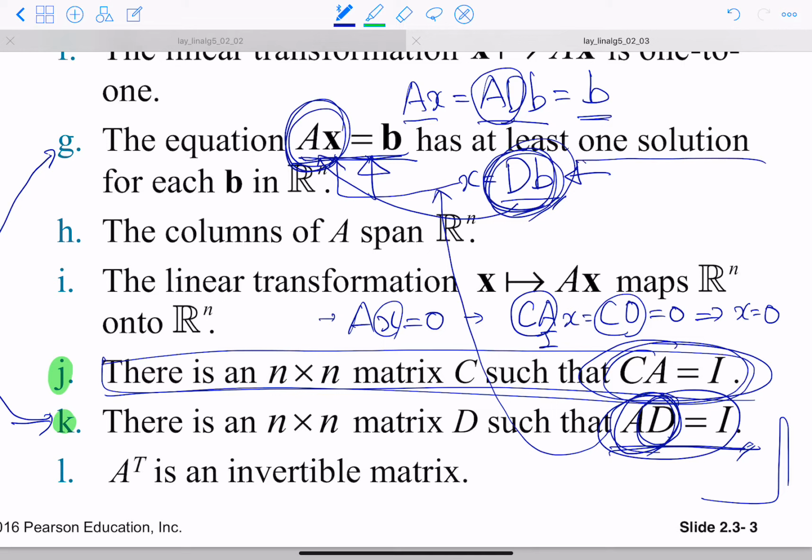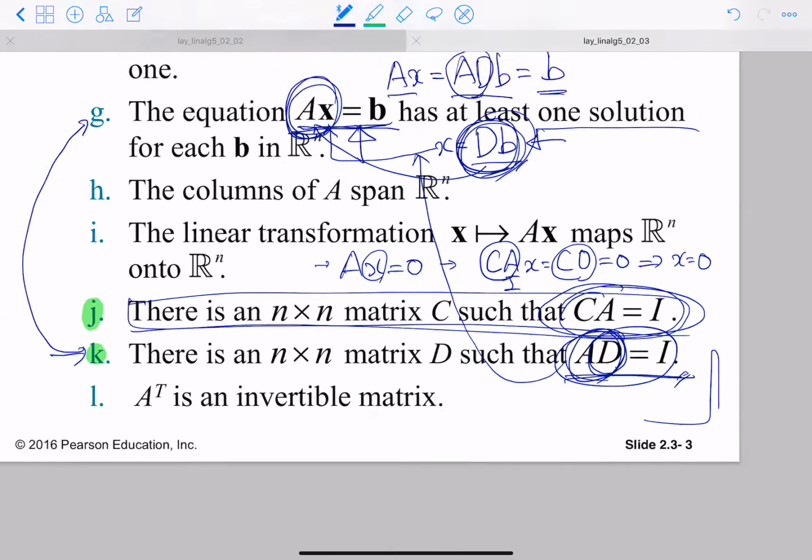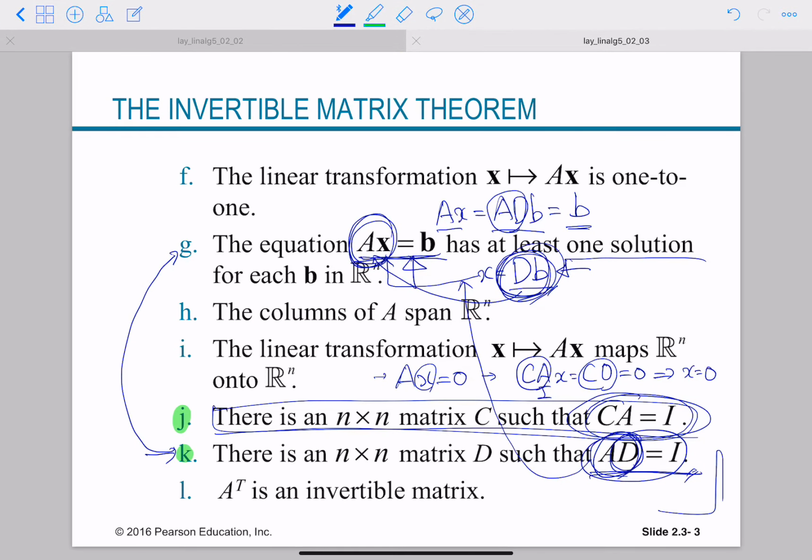Also, we studied that in the case of an invertible matrix, the solution will always exist.